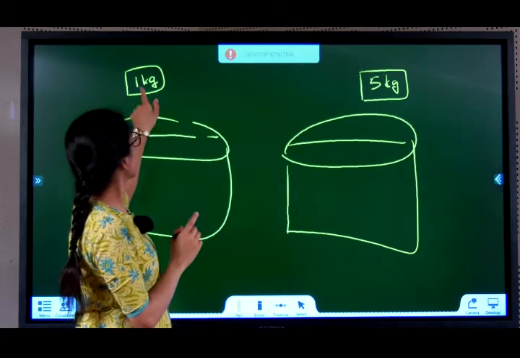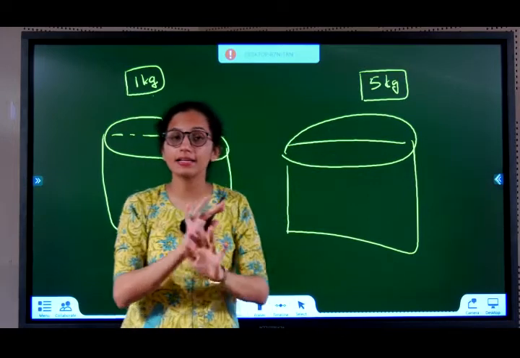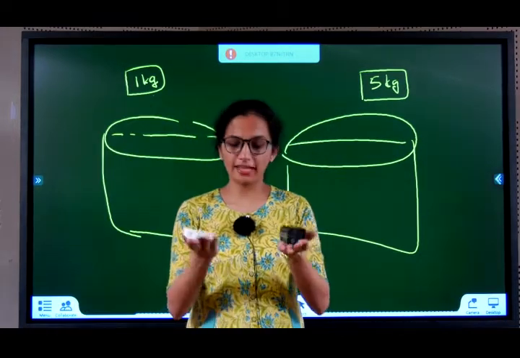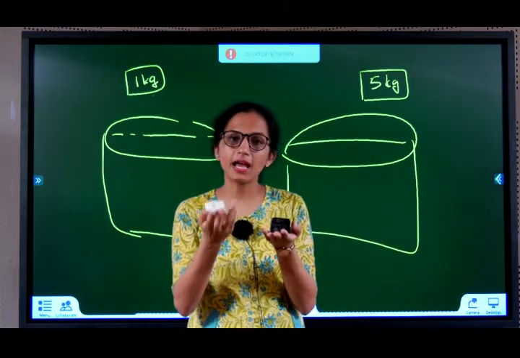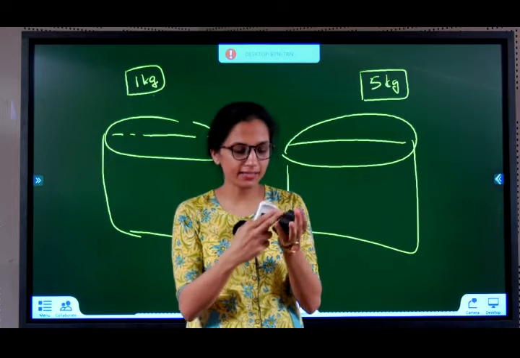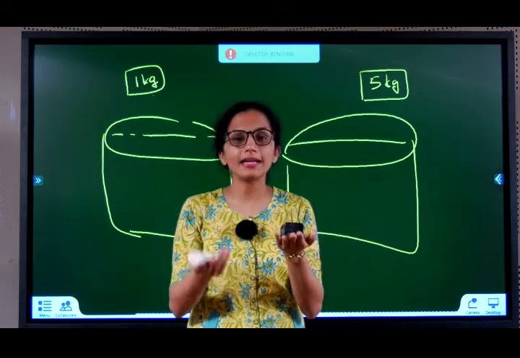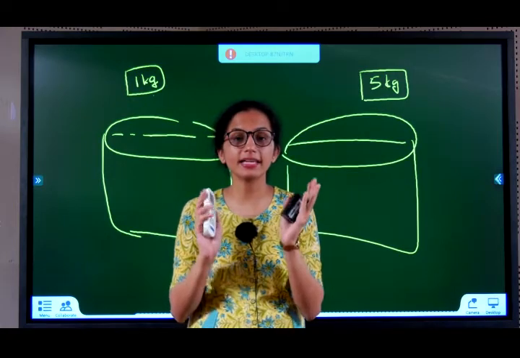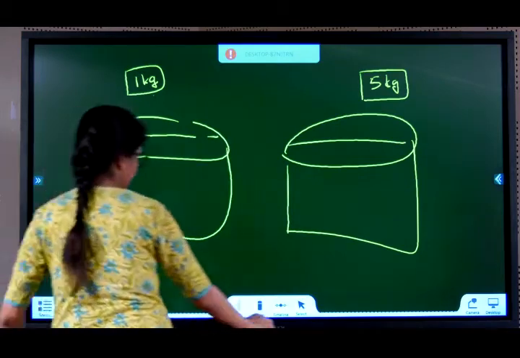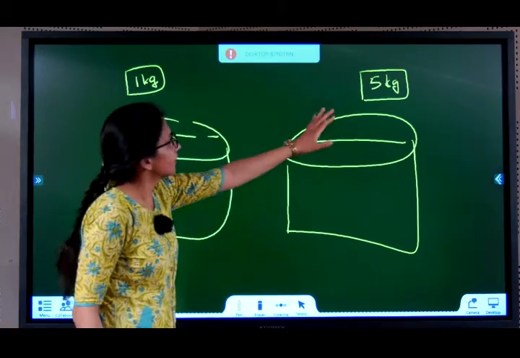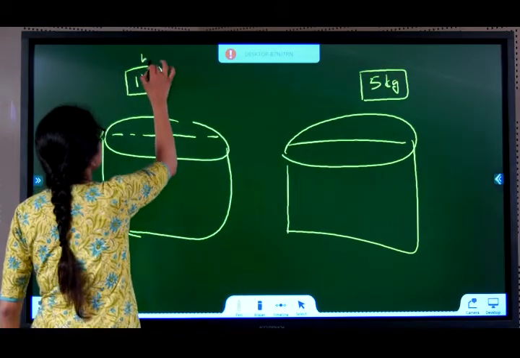Like for example, this is a plastic container, but inside there's a metal, like a transformer. So this is light in weight. This is heavier in weight, but sizes are same. Possible? Yes, possible. So this is 5 kg mass, this is 1 kg mass, but both of them are same size.